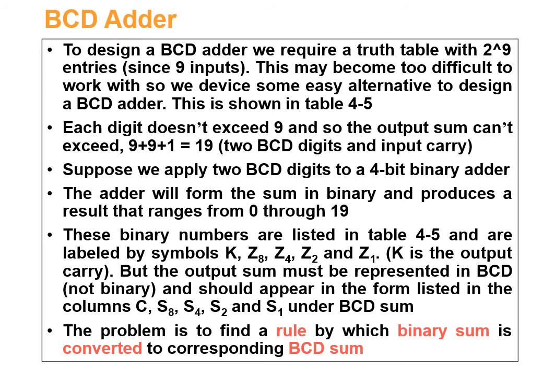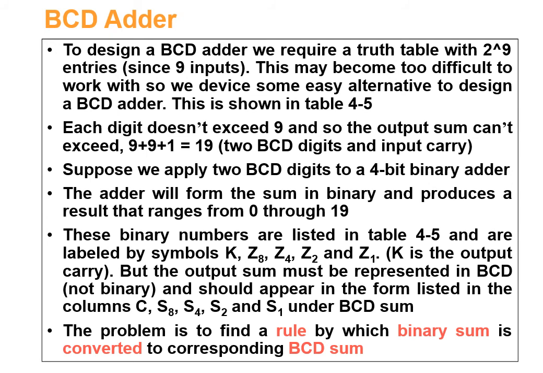K is the carry, and the subscript under the letter Z represents the weights 1, 2, 4 and 8 that can be assigned to the 4 bits in the BCD code.